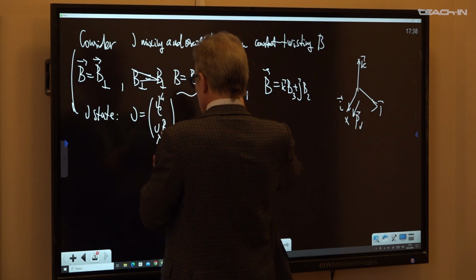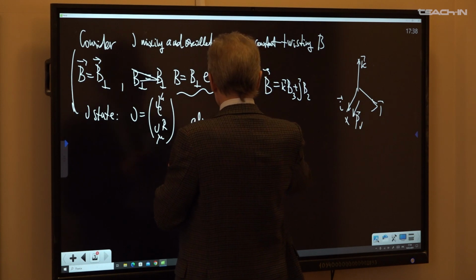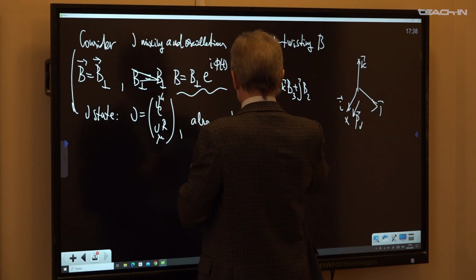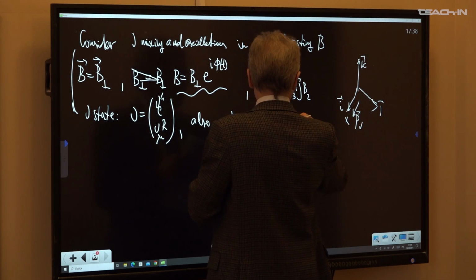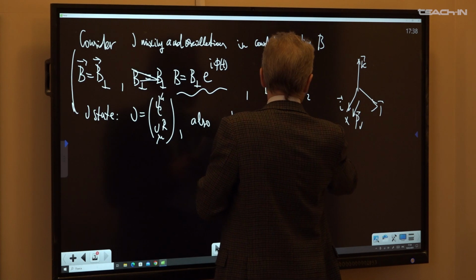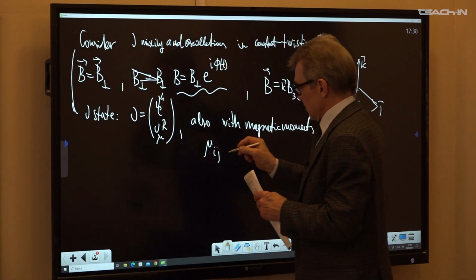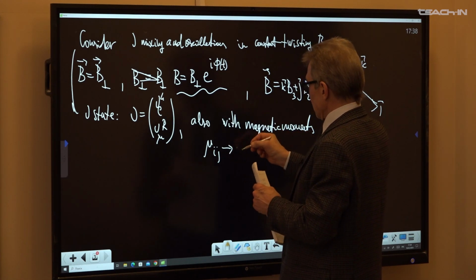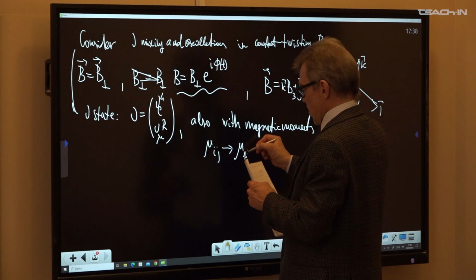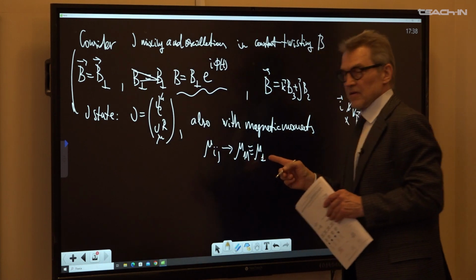And also we work with magnetic moments, M with different indices i, j, that contains mu 1, 1. We just use a simpler notation.